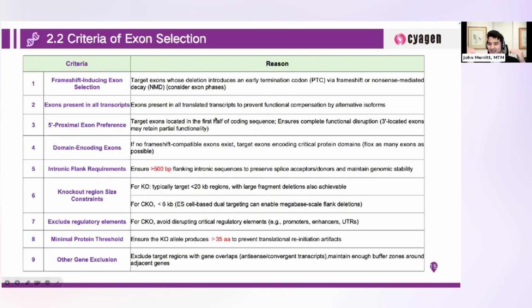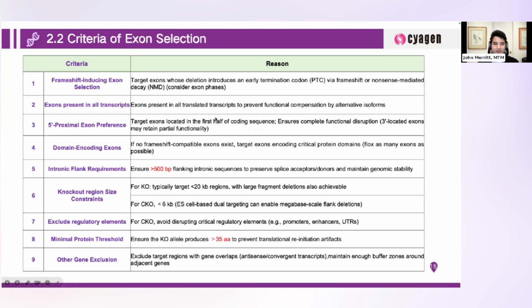So we're trying to get a guess at what they're looking at and what they would want. And so we need to have a democratic sort of criteria for picking out exons that can satisfy everyone in the scientific community as a group, right?